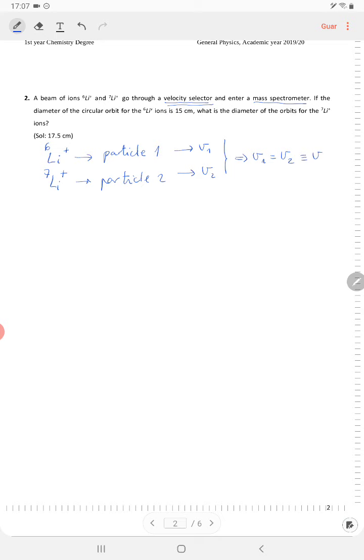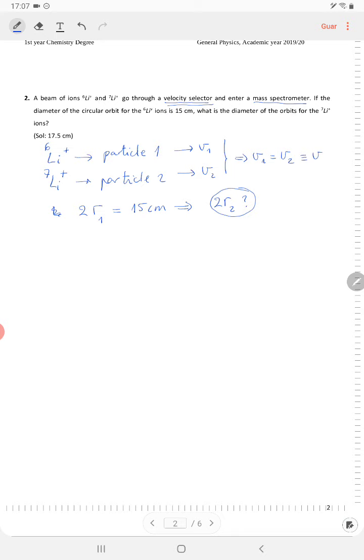If the diameter of the circular orbit for the lithium 6, let's call it twice the radius for particle 1, is 15 centimeters, they're asking what is the diameter for the second one. So this is our objective.